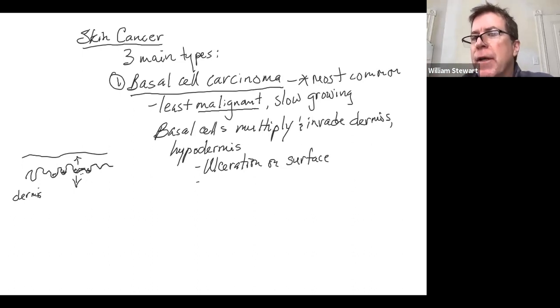The treatment of choice to get rid of this type of cancer is excision. So not something like chemotherapy or anything like that. Excision of cancerous cells is the preferred treatment.